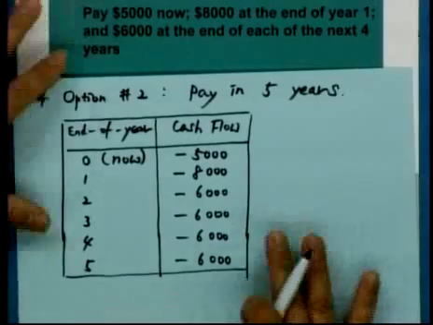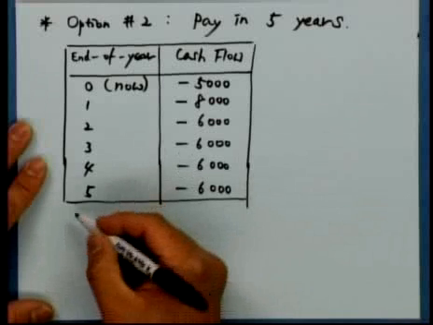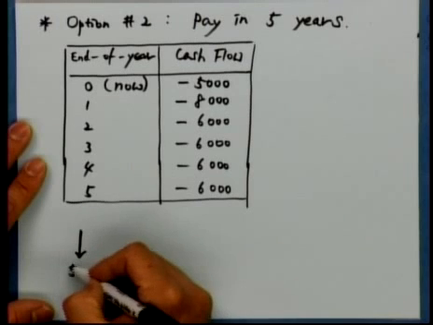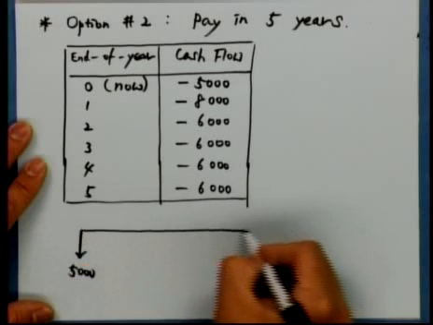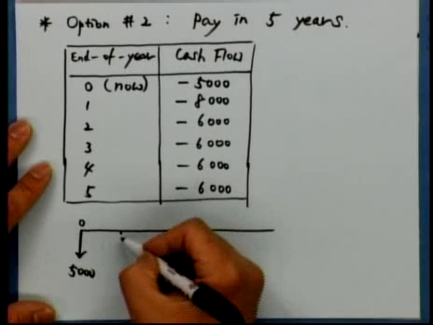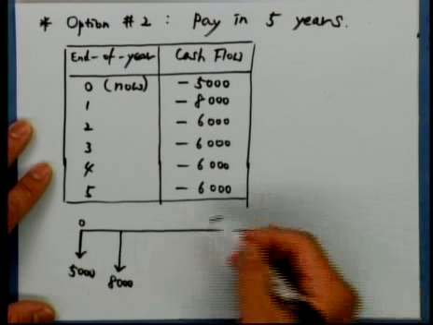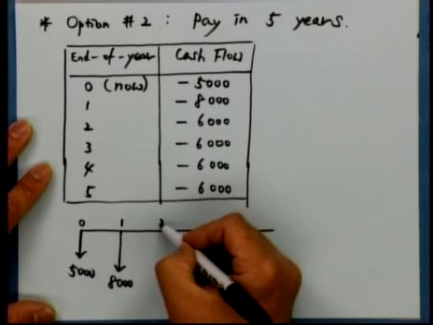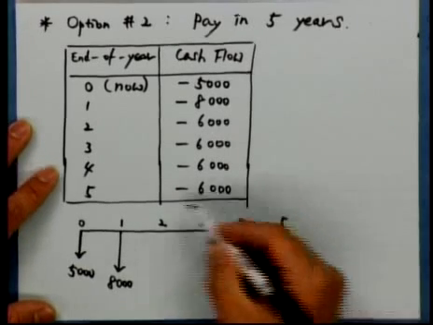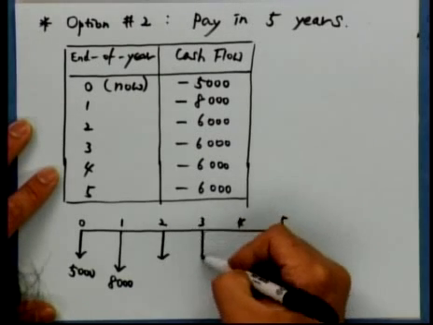So here the cash flow diagram would be $5,000 right now, and at the end of year 1 you need to pay 8,000, and at the end of years 2, 3, 4, and 5 you're going to pay 6,000.